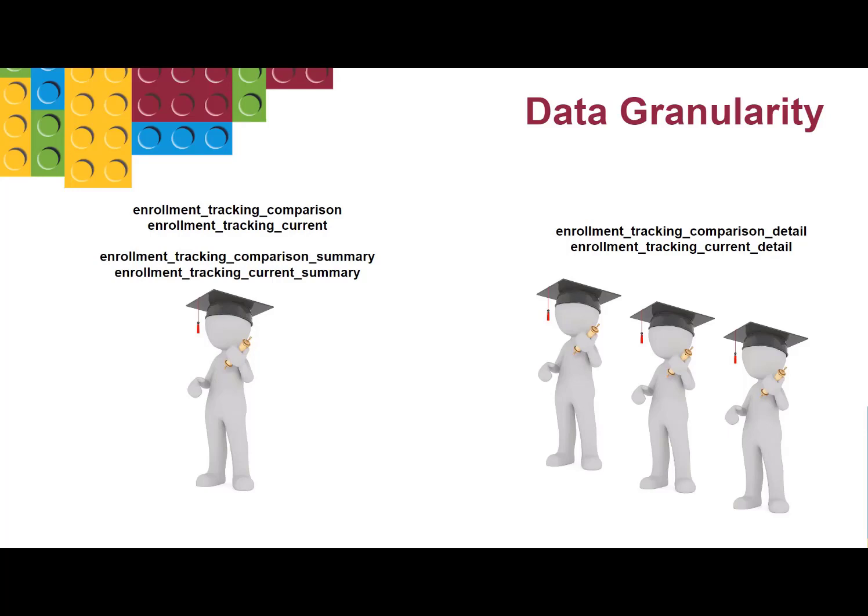The detail, current and comparison data sets. We have two different types, and we'll talk about the difference between current and comparison a little bit more later. They have one row per student per term and per each class number, so every class that the student is enrolled in. If the student's primary plan has a subplan, you're basically going to get two groups of the classes that the student enrolled in for that term.